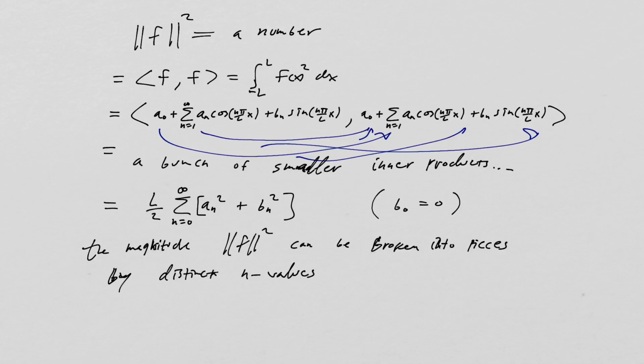If I think about it this way, 2 over L times f in magnitude squared can be written as a0 squared plus a1 squared plus b1 squared plus a2 squared plus b2 squared, and so on and so on.